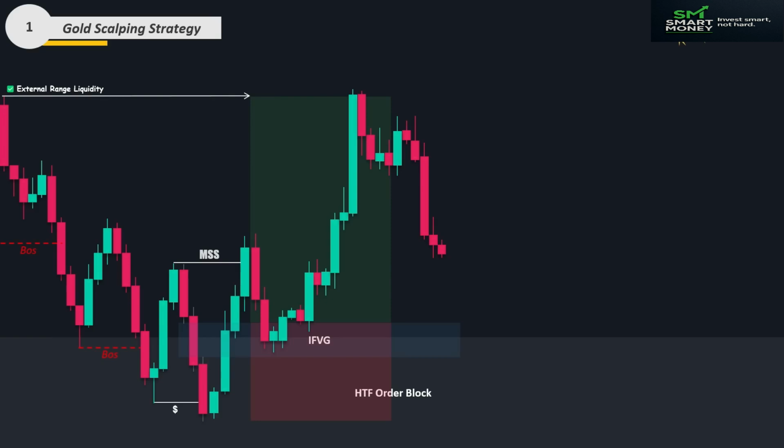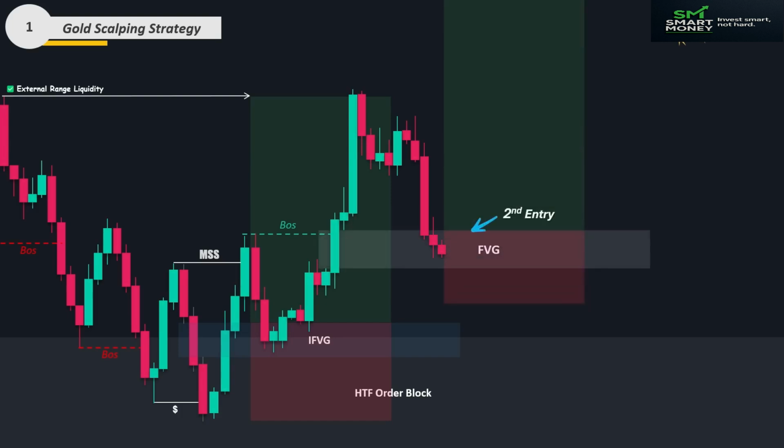Now, in cases where price has already started moving in my expected direction, and my first position is already running in profit, and there is still enough room for price to continue higher, I often look for an opportunity to add another position as a continuation setup. This happens when price forms a new bullish fair value gap during the next bullish leg that follows the new break of structure.